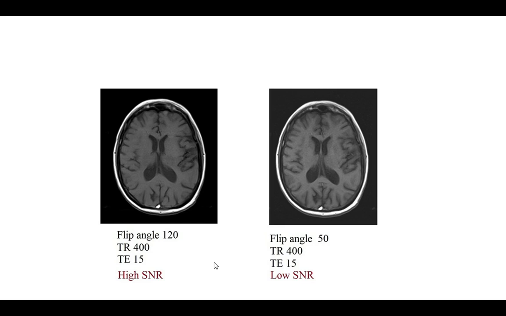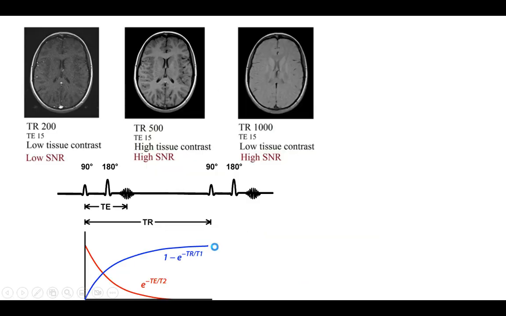But if I've got a bigger flip angle, that's how hard I kick the thing. A stronger flip angle, a bigger RF pulse kick, is going to give you a better signal. Therefore, your signal to noise ratio is going to be higher. The initial amplitude of that kick is proportional to the flip angle.